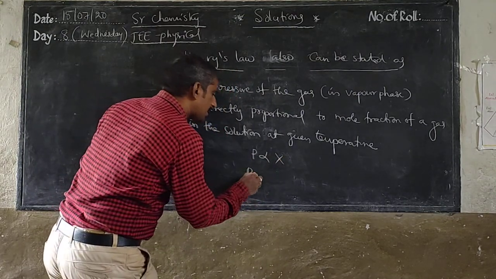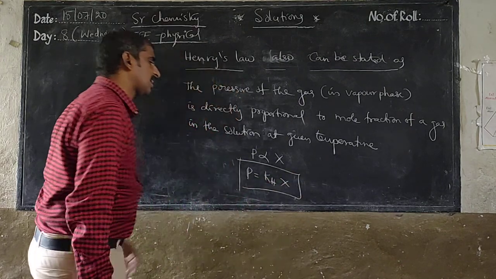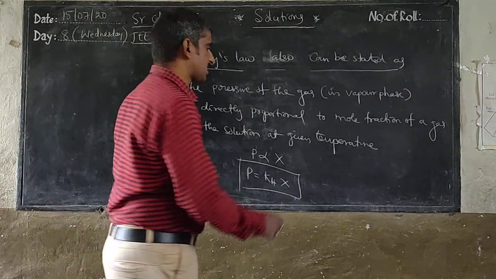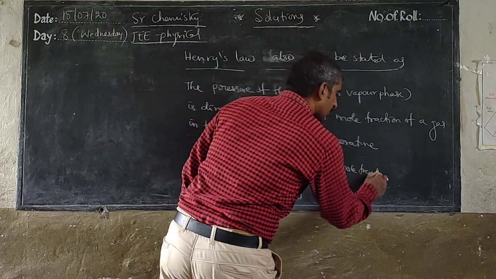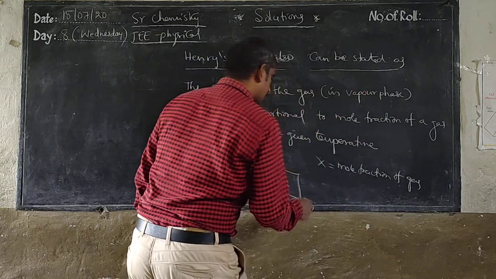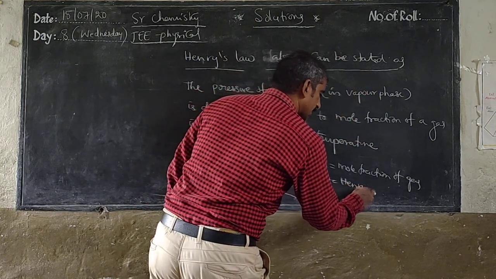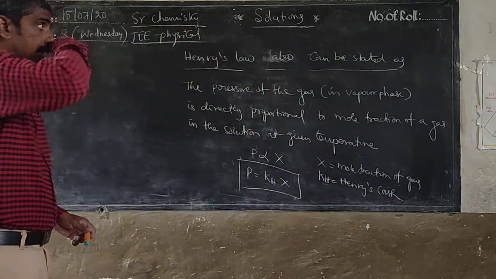That means P = KH × X, where X is the mole fraction of the gas and KH is Henry's constant. That is Henry's law.